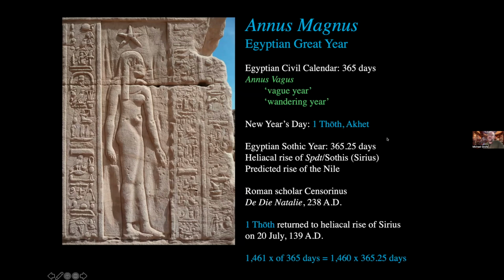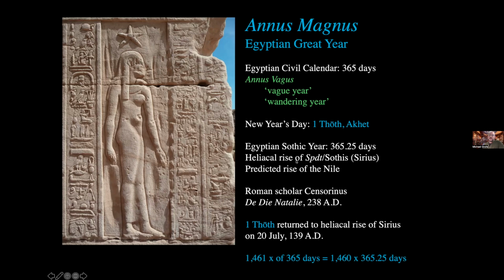They didn't correct with a leap year until far into the Hellenic and then the Roman period. But for thousands of years, they apparently kept their civil calendar, which fell behind one day from the Sothic year. So after 4 years, the Egyptian civil calendar would fall back one day behind the rising of Sirius.